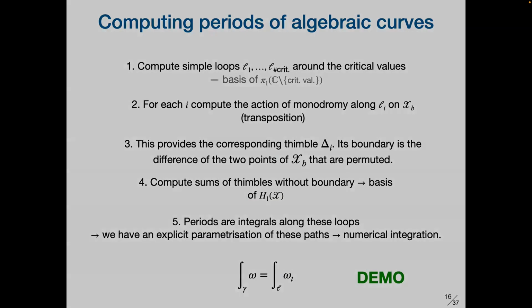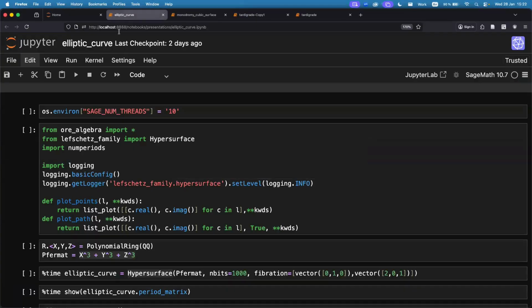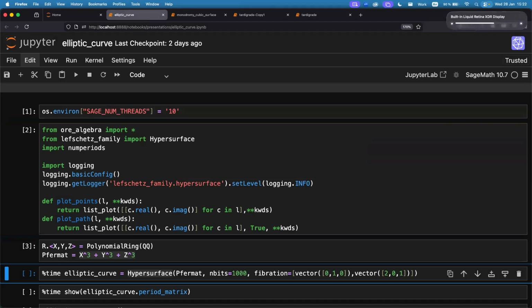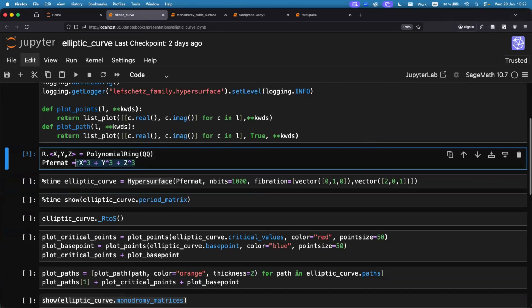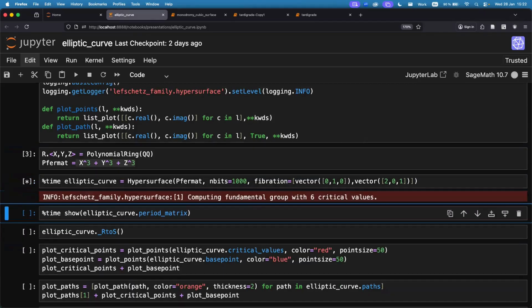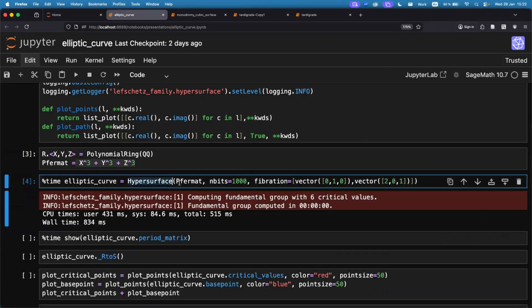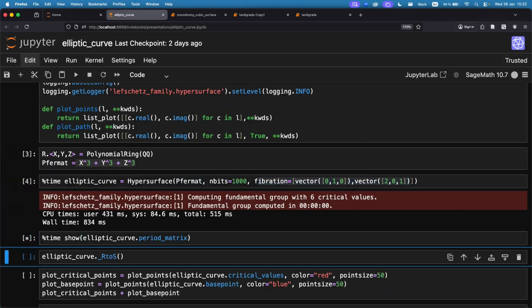So let me show you a demonstration of this algorithm for the exact curve that I had in my slides. So the Fermat elliptic curve given here. It goes like this. You say it's a hypersurface defined by this equation. Here I'm specifying the fibration to match what we had in the slides as well.